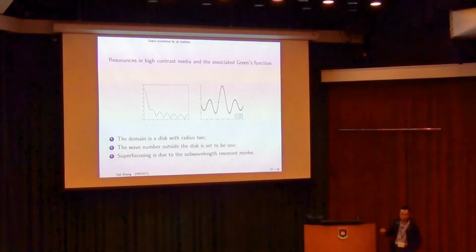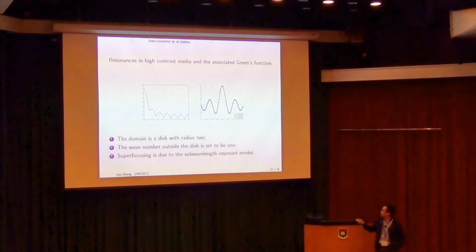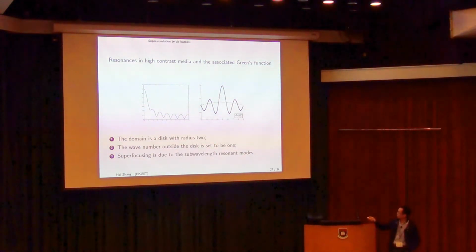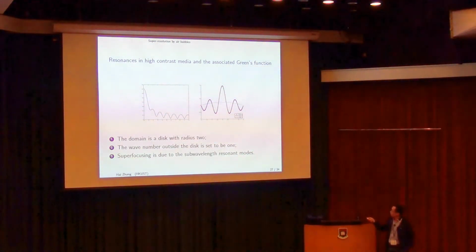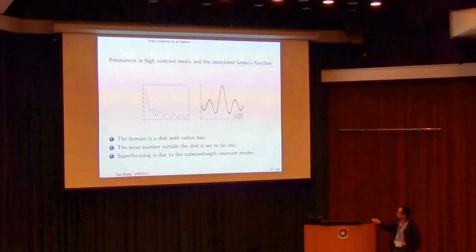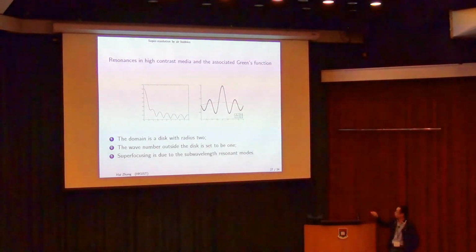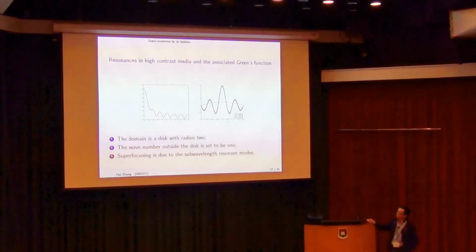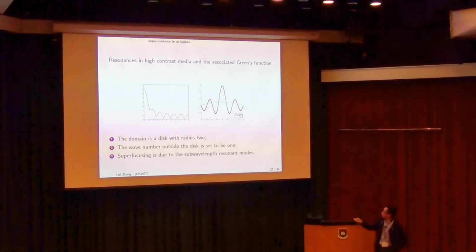We did some experiments. Here we have a high contrast medium, which occupies a disk of radius 2. And we have a low frequency wave incoming, so the wave number is fixed to be 1 outside this high contrast medium. And then we vary the contrast of the medium and draw this scattering diagram.